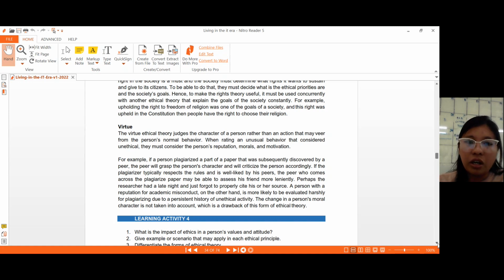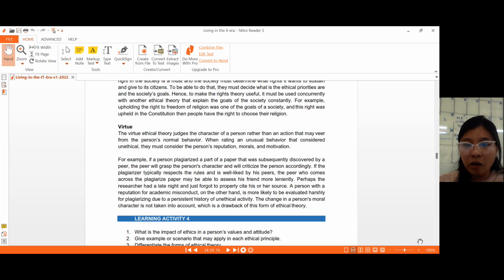Okay, ano ba yung mga pinanghahawakan ninyong mga virtues? Ayan, virtue has something to do with one's reputation, morals, and motivation. Sometimes values din, yung mga pinapahalagahan ninyo sa buhay na nagiging virtue nyo na. Okay? Ayan.